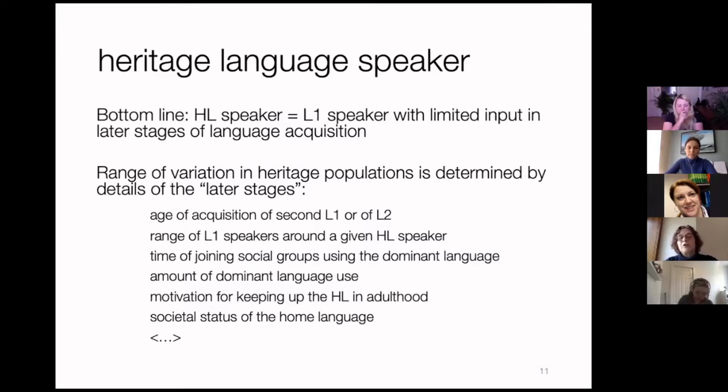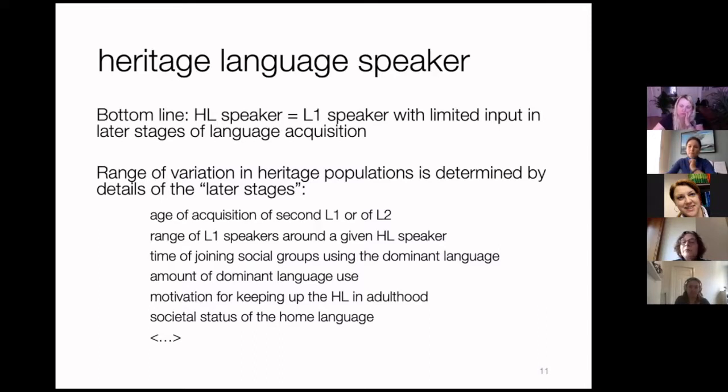The age of acquisition of the second L1, whether it's simultaneous or sequential bilinguals, the age when the second language gets introduced, the range of baseline speakers whose input counts as the input for this language around a given heritage speaker, the time when these heritage speakers join social groups using the dominant language. For example, in the States where I do most of my work, the usual cutoff point is around age 5 when they start socialization in preschool.